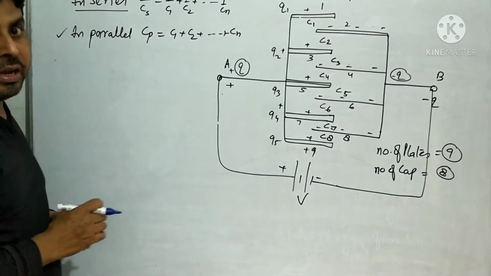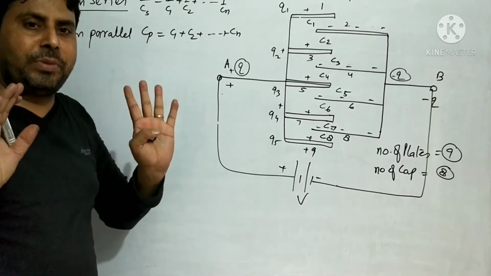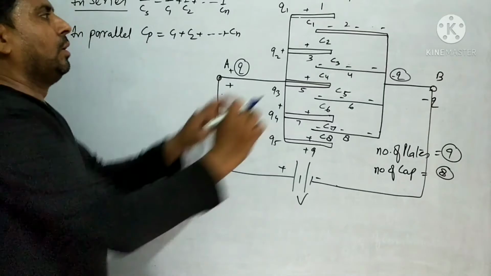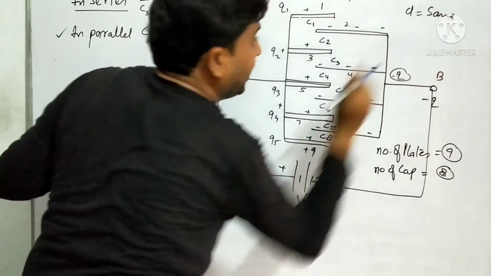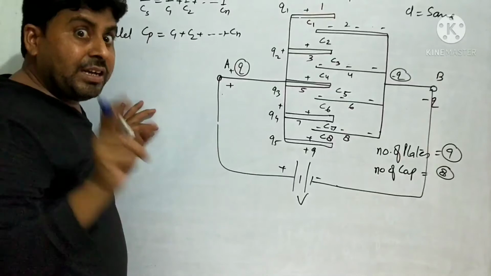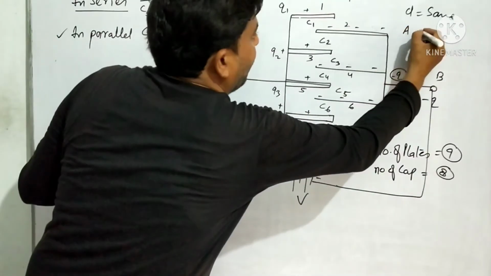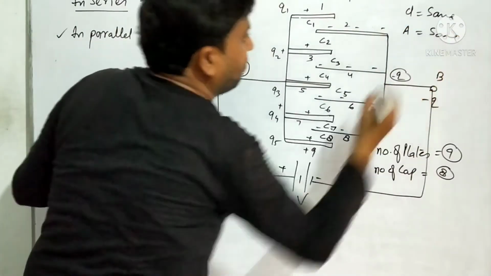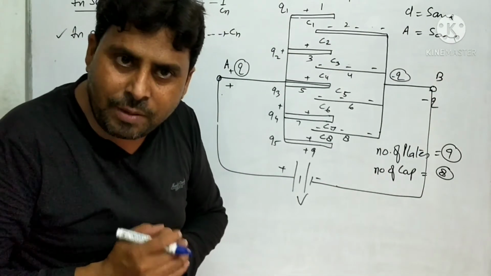So how will we calculate the capacitance, if other conditions remain the same? What conditions? D the same means every plate has the same distance between two plates, and every plate has the same cross-sectional area.